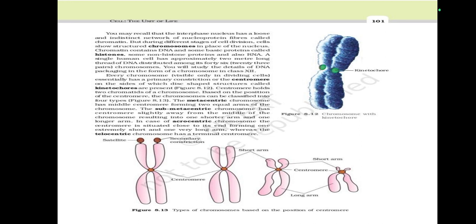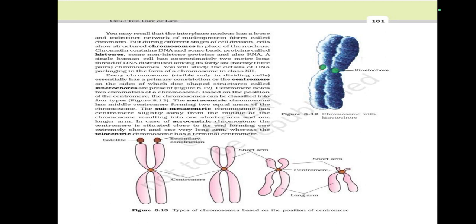The submetacentric chromosome has the centromere slightly away from the middle of the chromosome, resulting in one shorter arm and one longer arm.